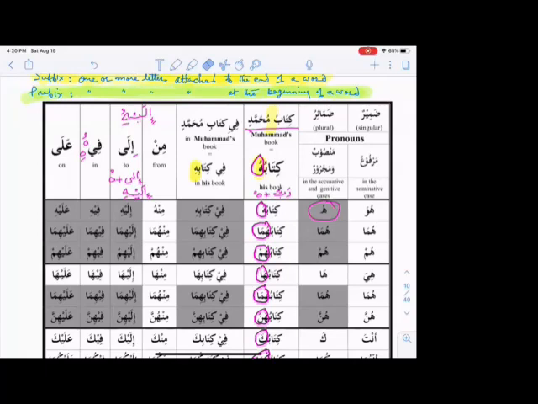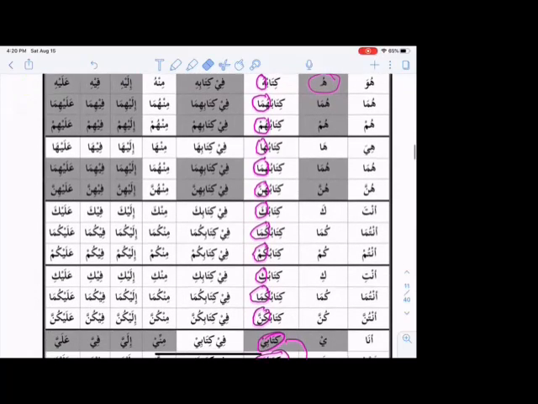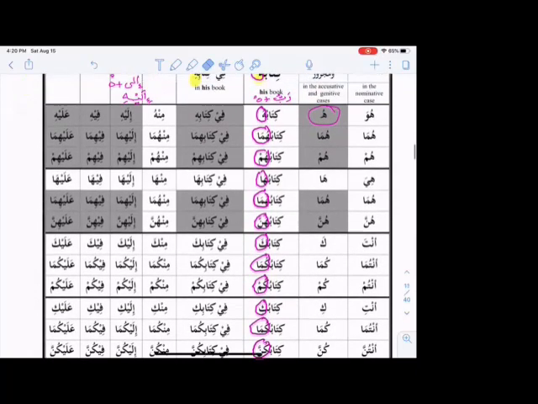So what is the rule, my brothers and sisters? Whenever there is a ya, okay, with sukun, they will all change. The pronouns will change, especially the third person pronouns, huwa, huma, hum, hiya, huma, hunna, they will change.